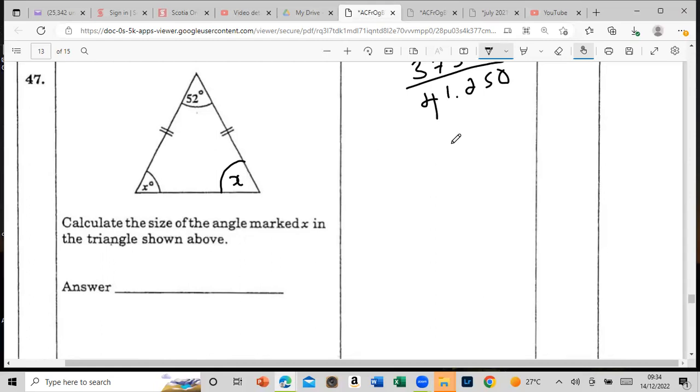We also know that every triangle adds up to 180. Alright, so we subtract 52 from 180. That is going to give us 128. So we have 128, and since they're equal, we divide it by 2, which works out to 64.